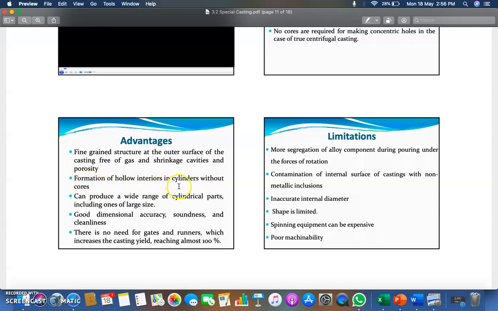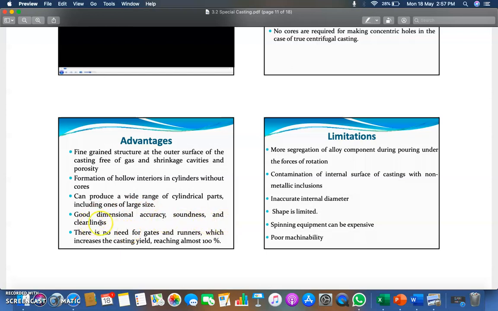It can produce a wide range of cylindrical parts, including some of large size. Dimensional accuracy is very good.